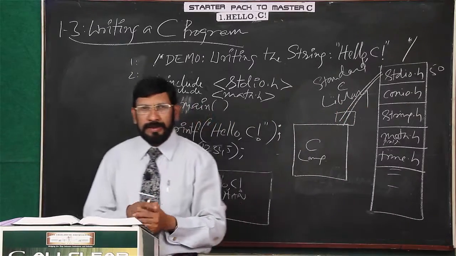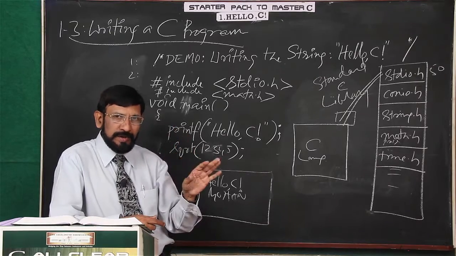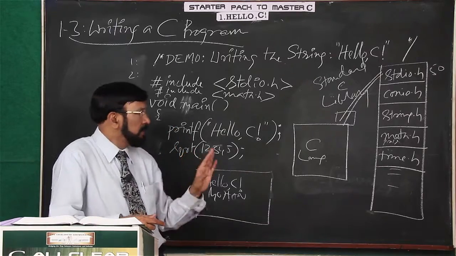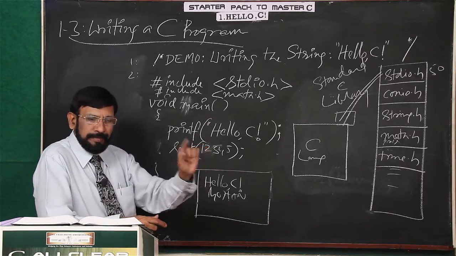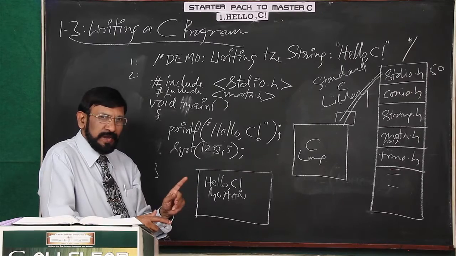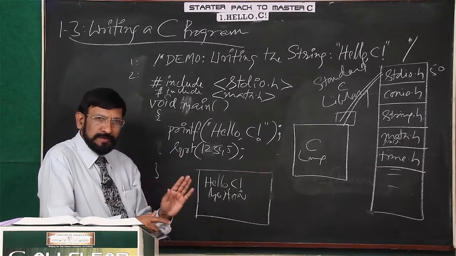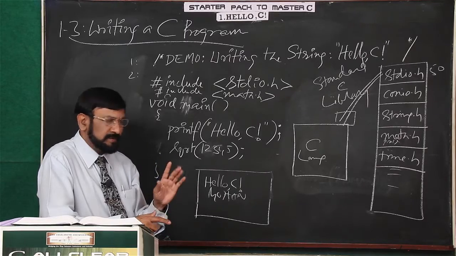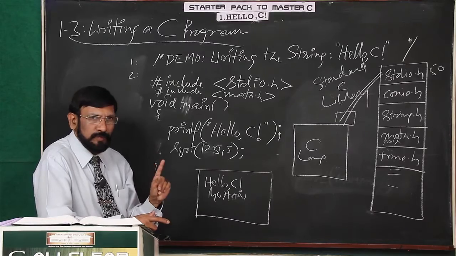Whenever we use uppercase, I'll let you know, and only on those elements you can write in uppercase. For the remaining, just remember this principle: C language is a case sensitive language, and always we have to use lowercase. In particular cases where uppercase is allowed, I let you know, and only then you write it.